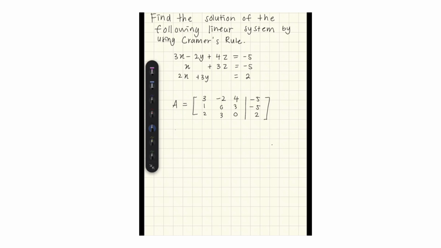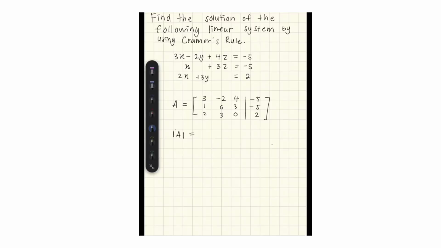From here, we are going to search for the determinant of A. We are going to use cofactor expansion on the i-th row, which is determinant A equals ai1 Ci1 plus ai2 Ci2 and so on.